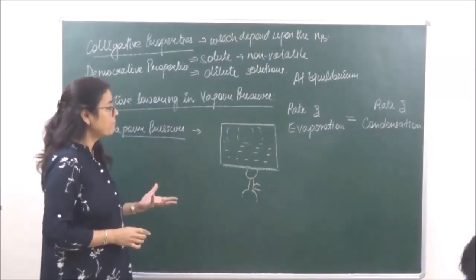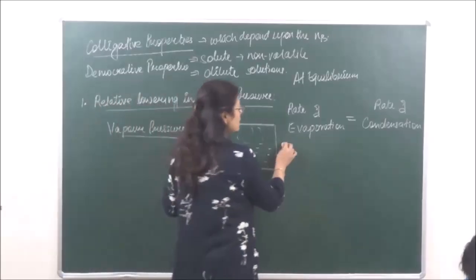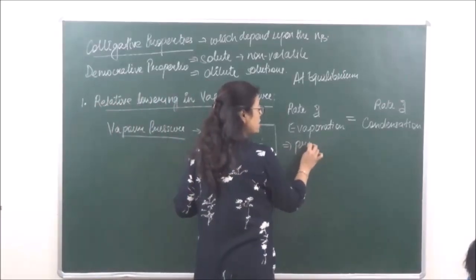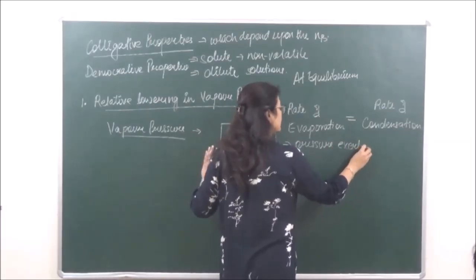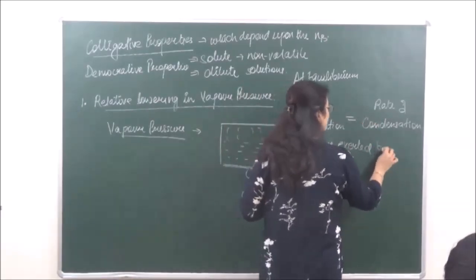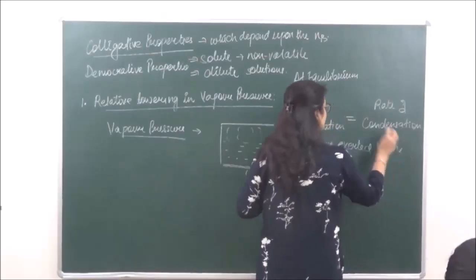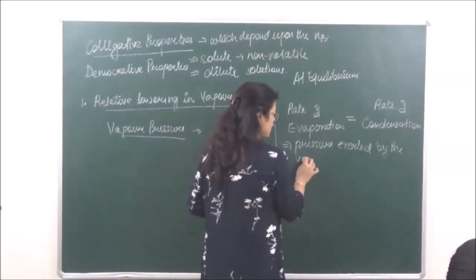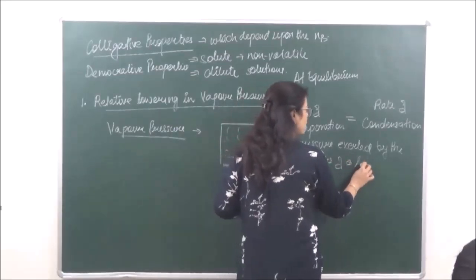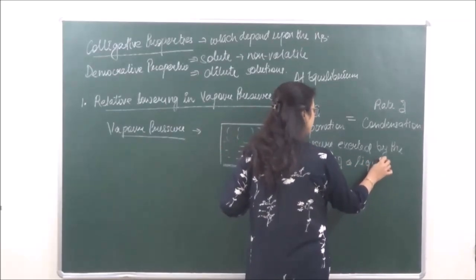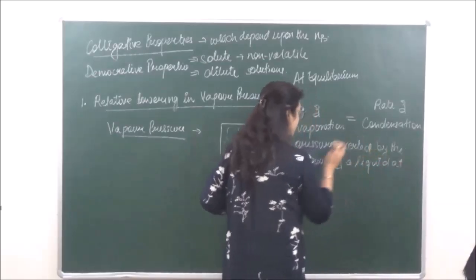So how do we define vapor pressure? It is the pressure exerted by the vapors of a liquid at equilibrium.